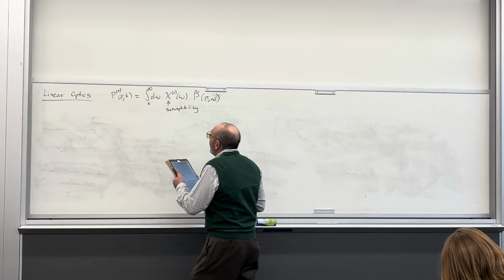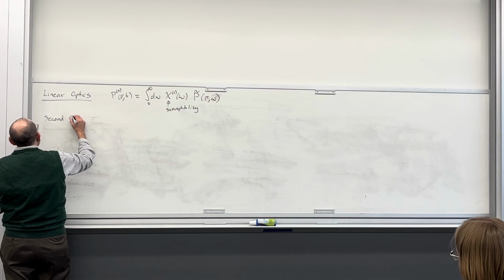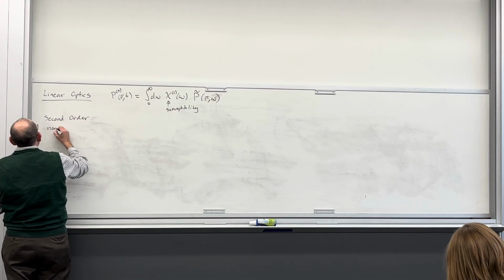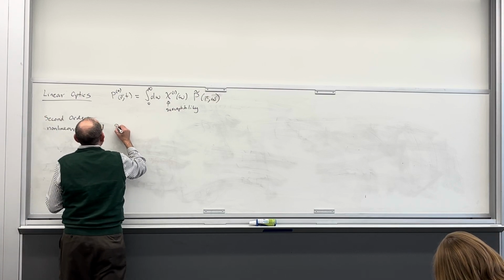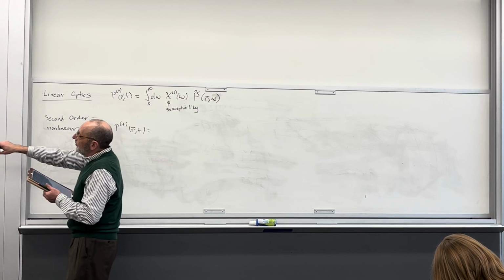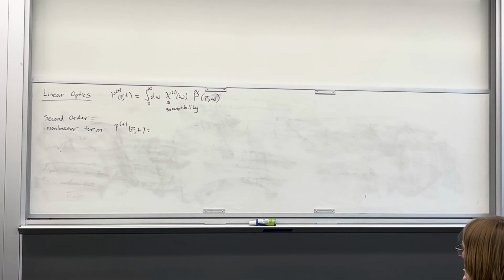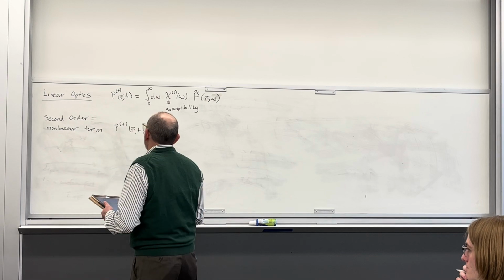All right, so what about the second order nonlinear term? Well, that involves two powers of the electric field, and thus there are beat notes between the fields that can depend on both the sum and differences in the frequencies of those two fields.